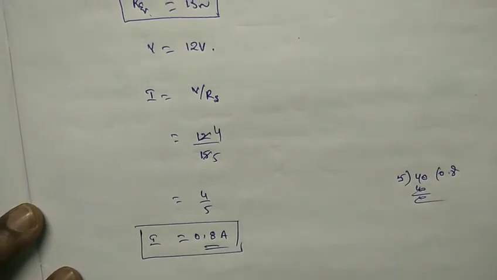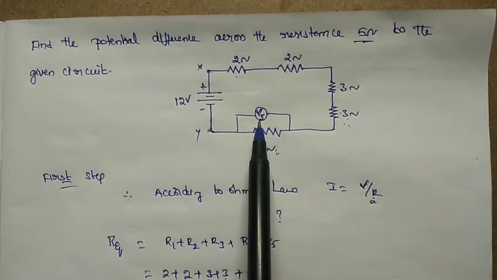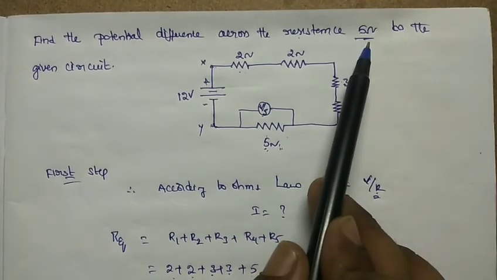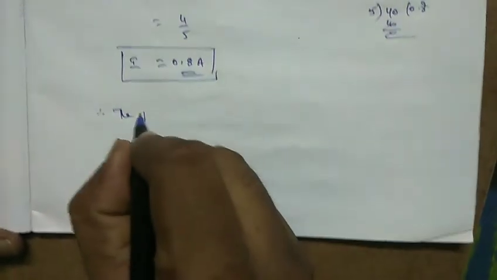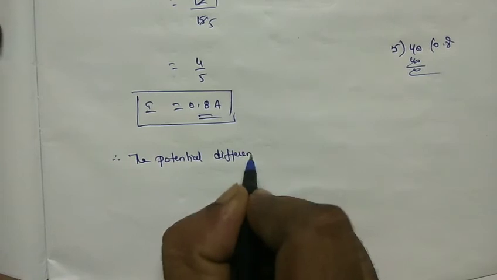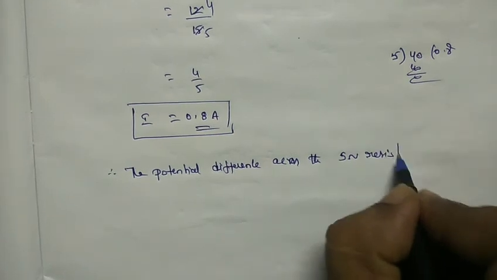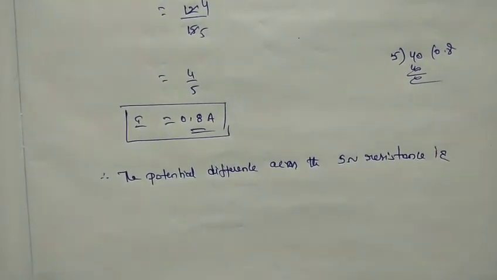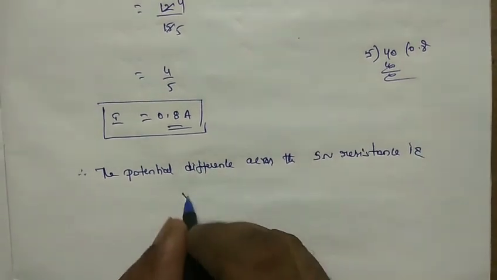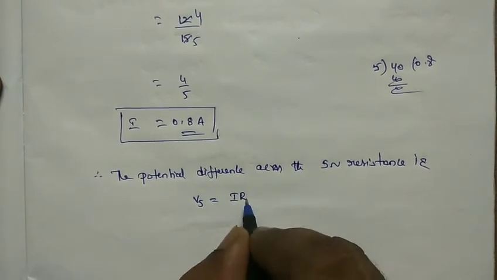Now we can find the potential difference across the 5 ohm resistance. Therefore the potential difference across the 5 ohm resistance is V5 equal to IR5.